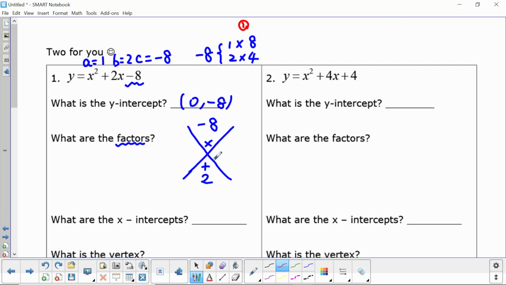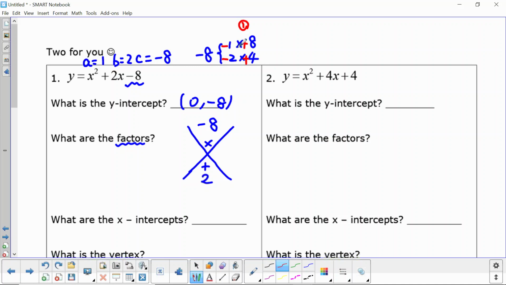The sum is +2, so the larger number's sign will be positive. And the product is negative, so these two numbers should have different signs. One positive, another one negative.